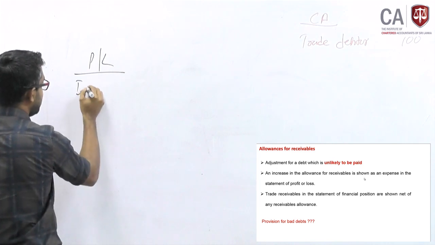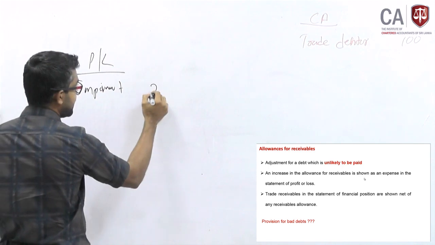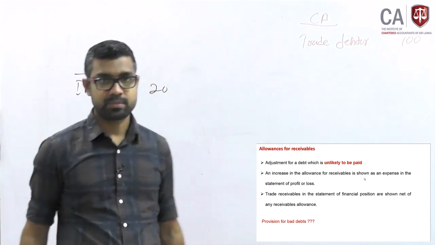P&L presentation, impairment, 20 in my previous example.